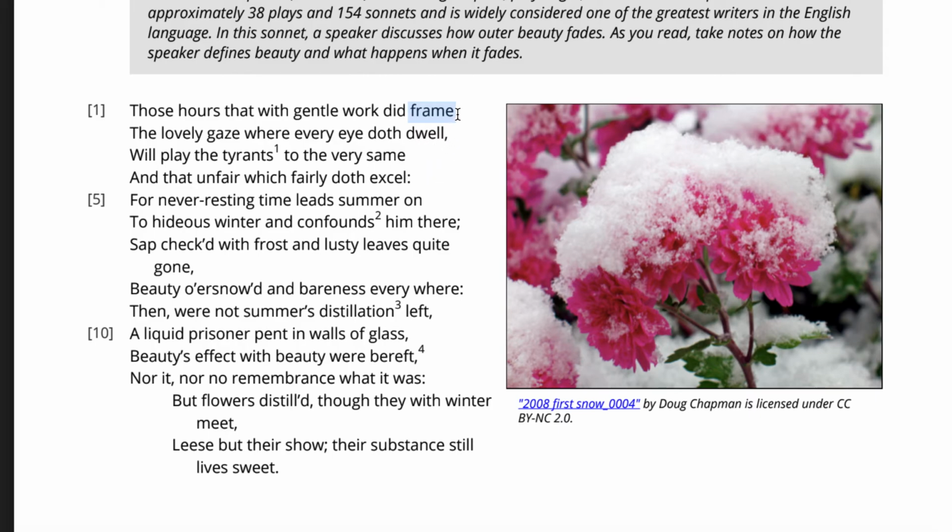So here we have "frame," that is considered the A, and then we drop down and we have the word "same" in line 3. This is also the A. "Frame" and "same" are A's. We look at "dwell" is a B and "excel" is a B. They rhyme.